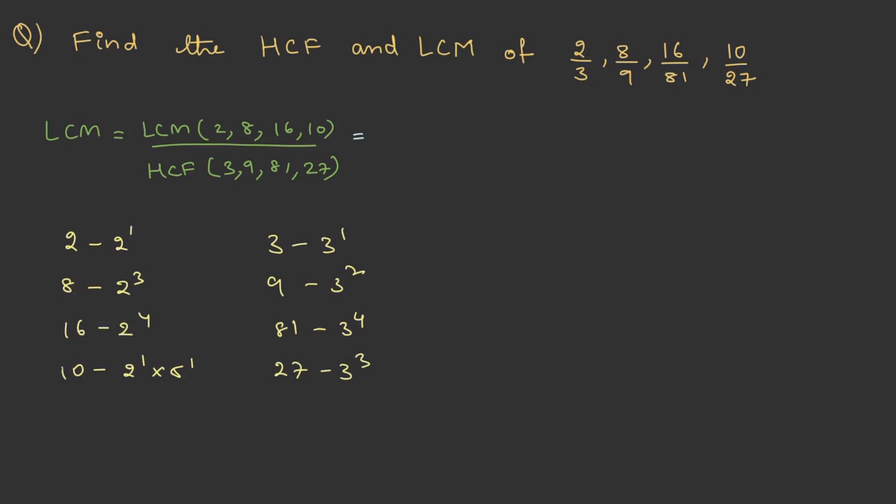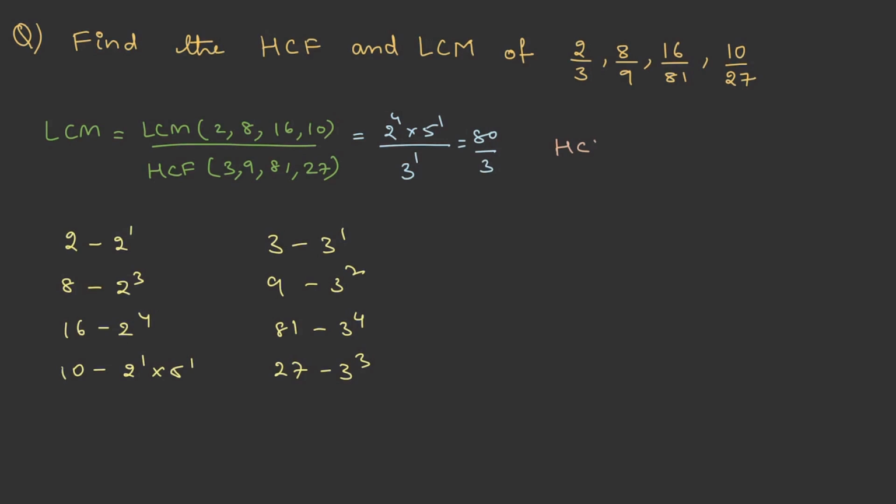So for the LCM, we take the prime factors and the power will be the highest. So here we have only 2 and 5. The highest power of 2 is 4 and the highest power of 5 is 1. Divided by, we have only 3. For the 3, the least power we need to take, that is 1. So this is 80 by 3.